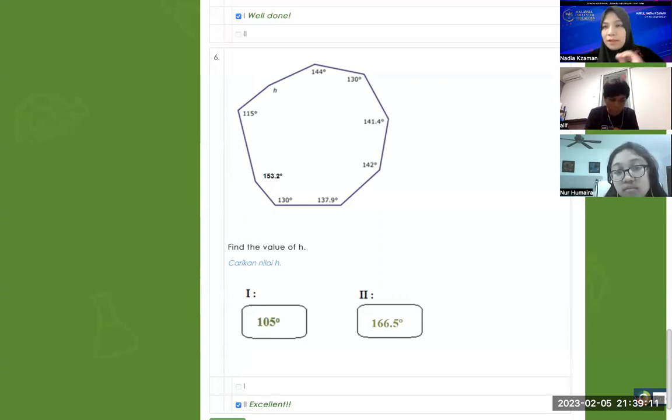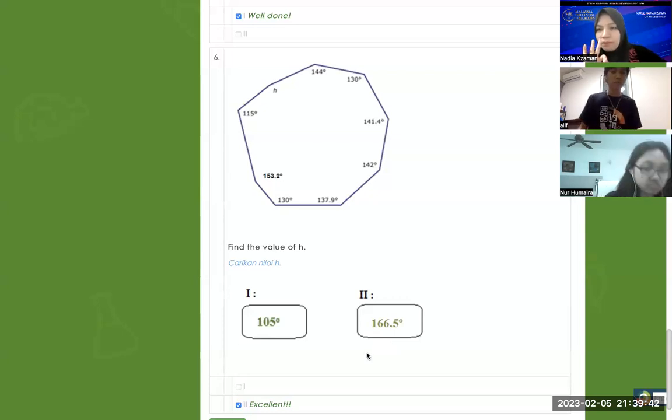Yes, so 9 minus 2, you get 7. 7 times 180, you get the total sum of the interior angle, which is 1260. Then you add all this and you minus from the sum of the interior angle: minus 144, minus 130, 141, and then the last one you will get h. So the value of h is 166.5. Okay?